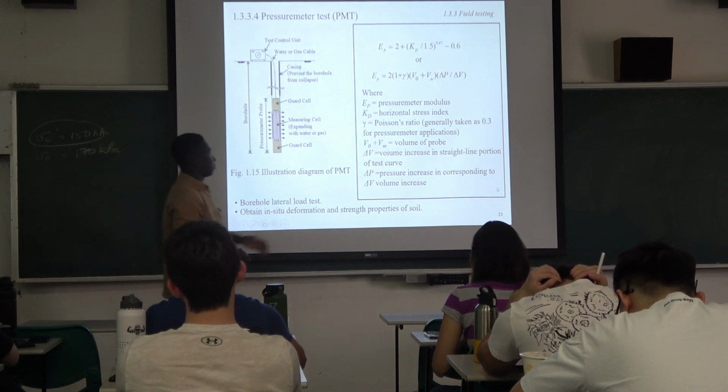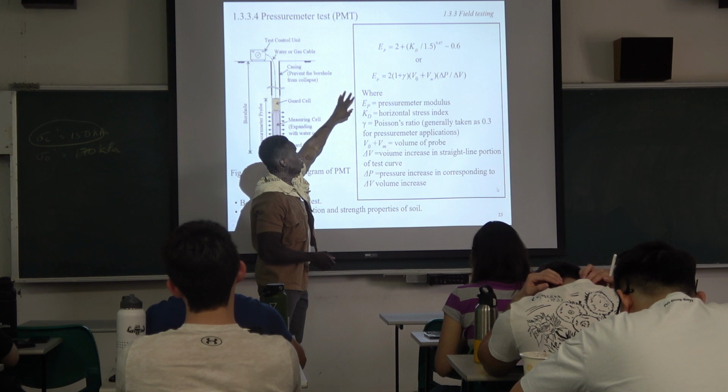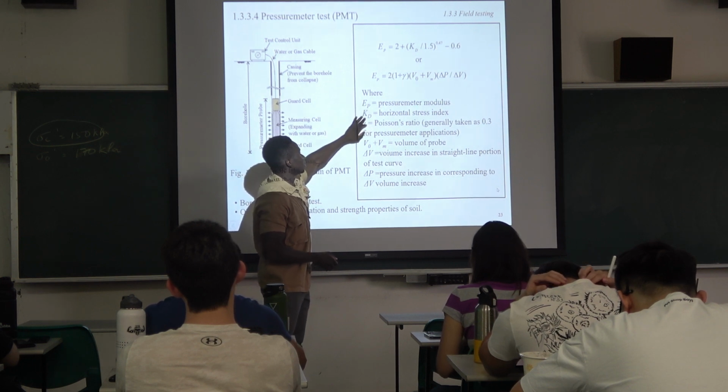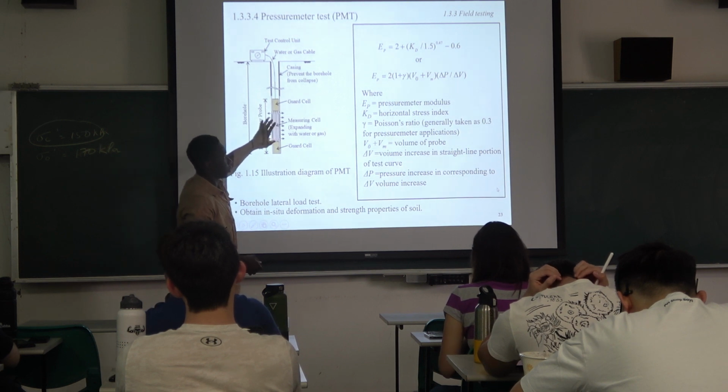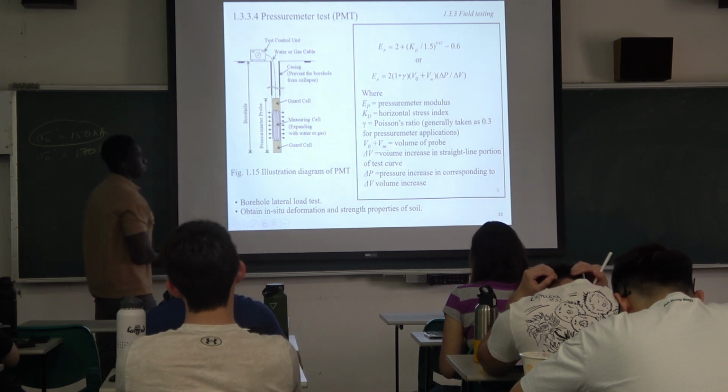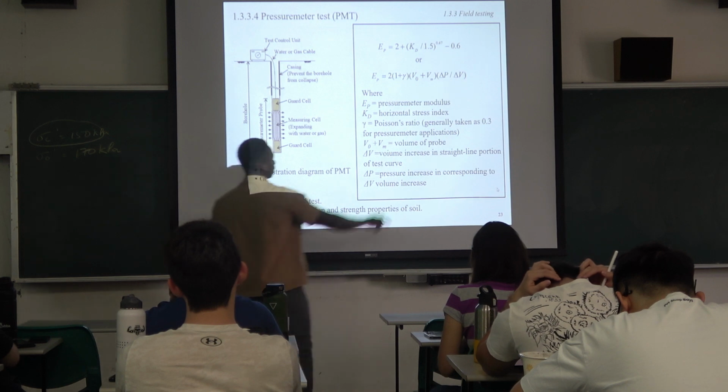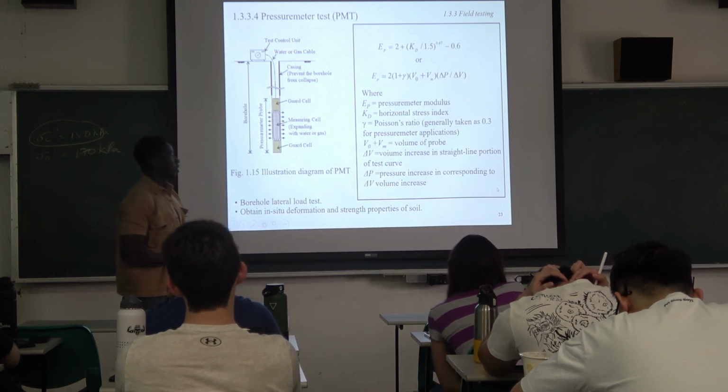So here you have a lot of formulations that they use to calculate the pressure modulus and the horizontal stress index. That one is directly from the force you apply. You can get the Poisson ratio, which generally is 0.3, and then the volume of the probe.